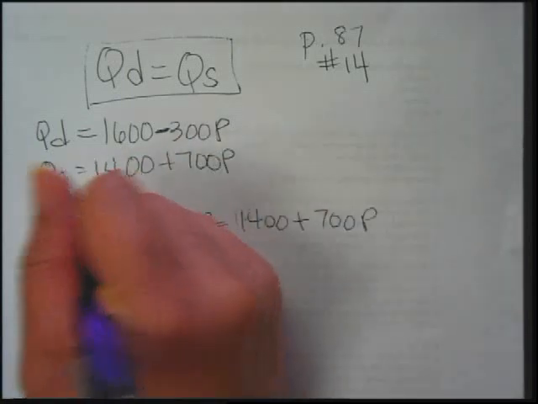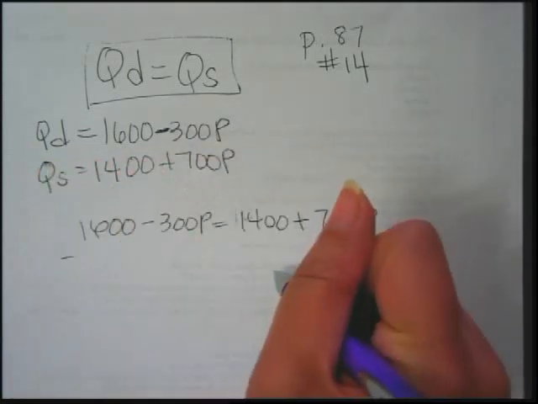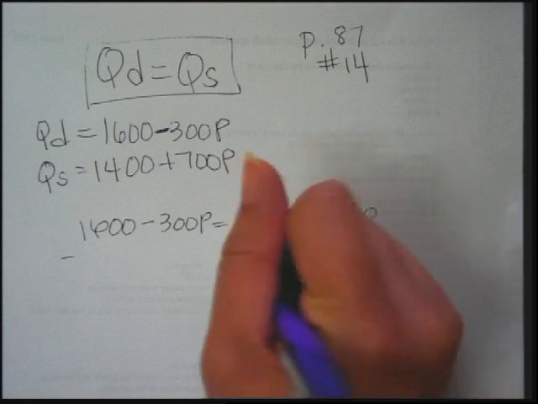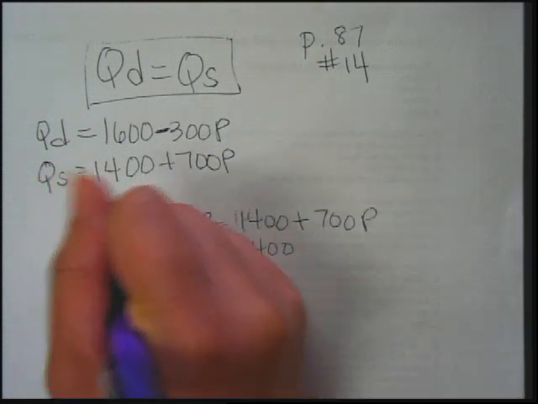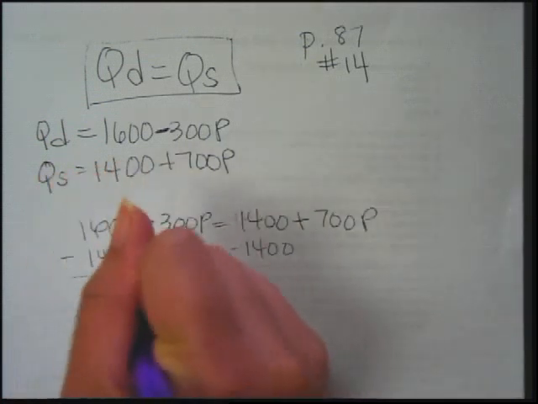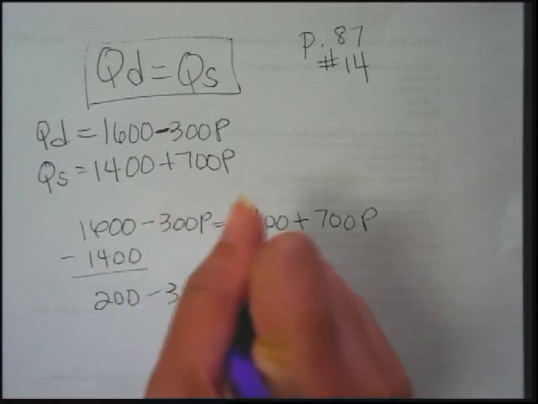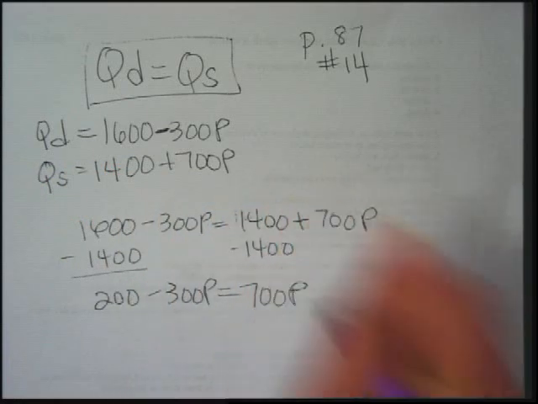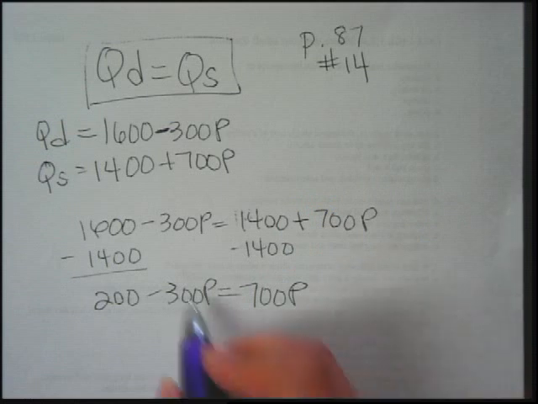All right, so let's get all of our constants over to one side. That's 200 minus 300p equals 700p. Now let's get our variables over to one side.